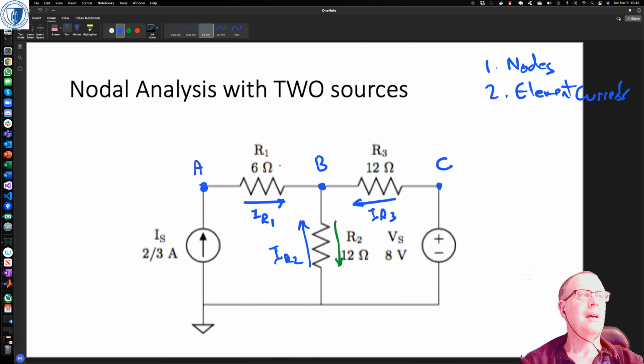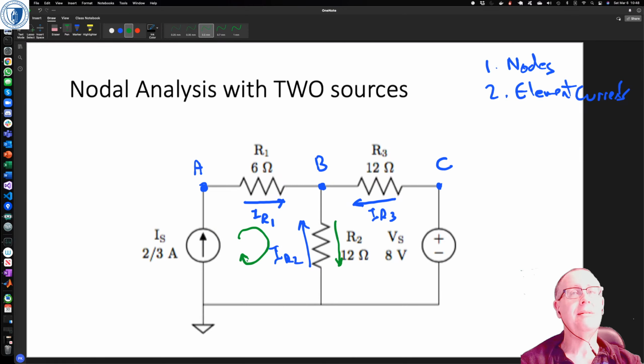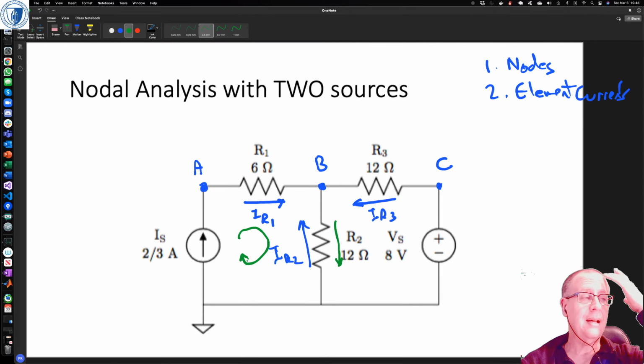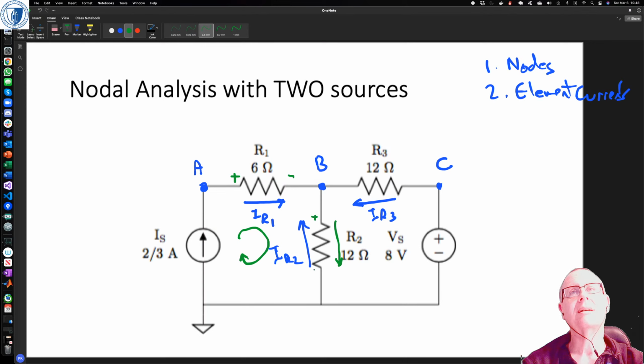whereas when we do mesh analysis and we choose our mesh current to go around like that, for example, the polarities of the voltages VR1 and VR2 are consistent.